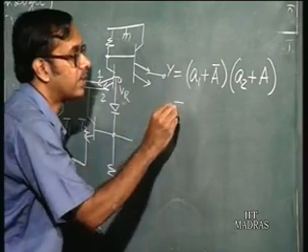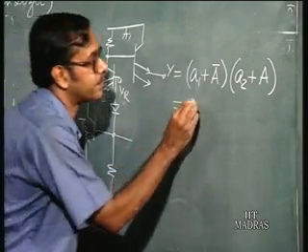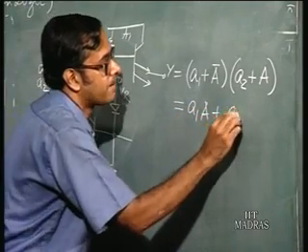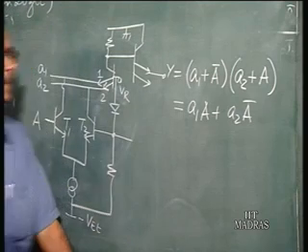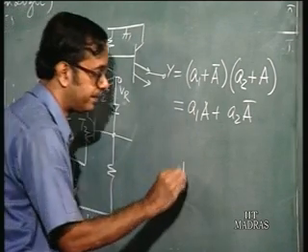In fact, this can also be written as A1 into A plus 2 A bar. All right. So, this is the logic function. So, you can write it in this way.